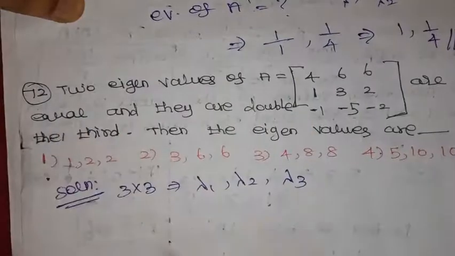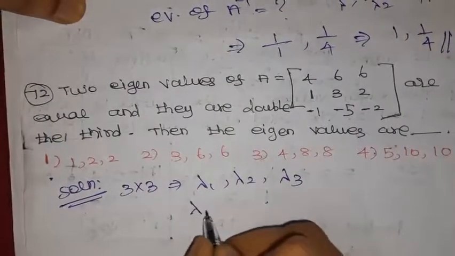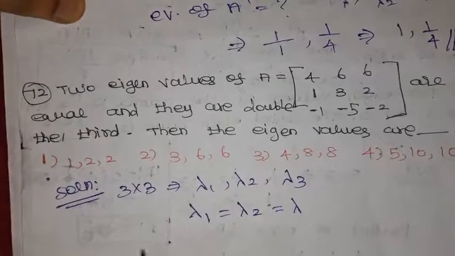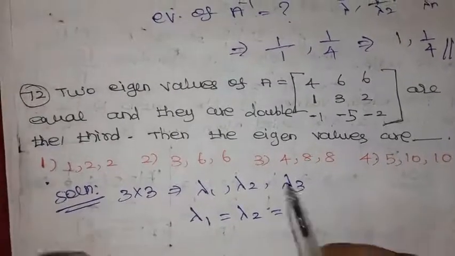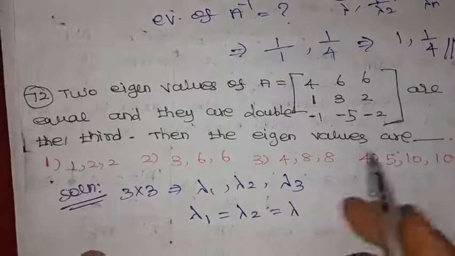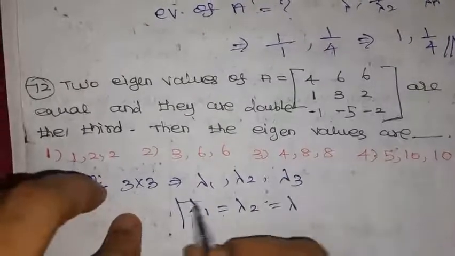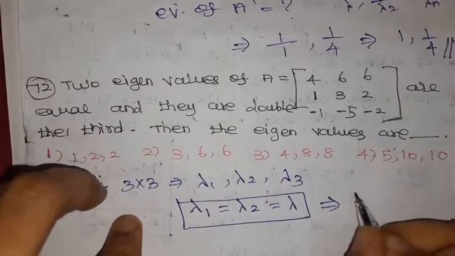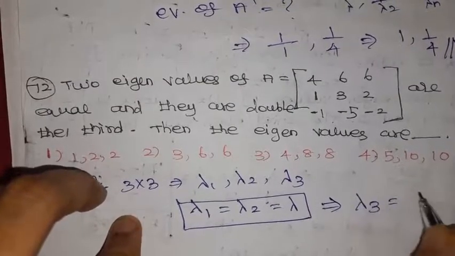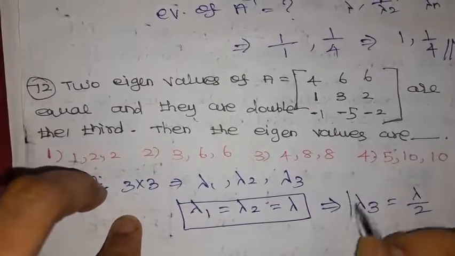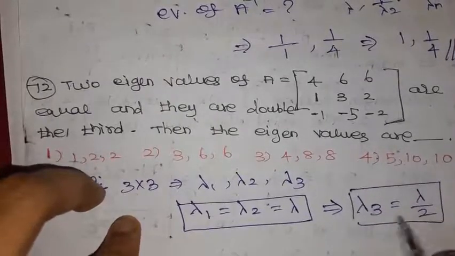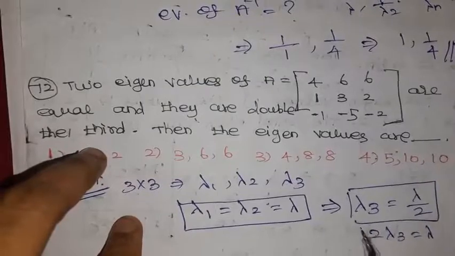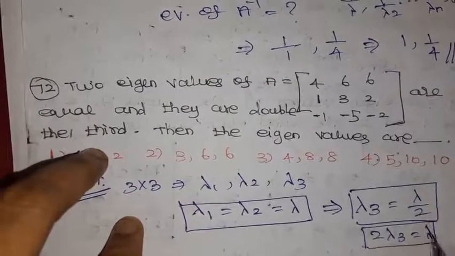are equal. So two eigenvalues are equal means lambda 1 and lambda 2 are equal to lambda, and they are double the third. Lambda 1 and lambda 2 equal to lambda, which is double the third means the third is half of this.